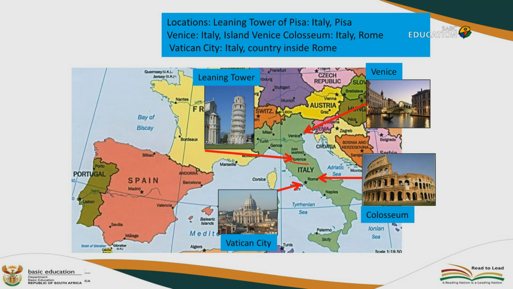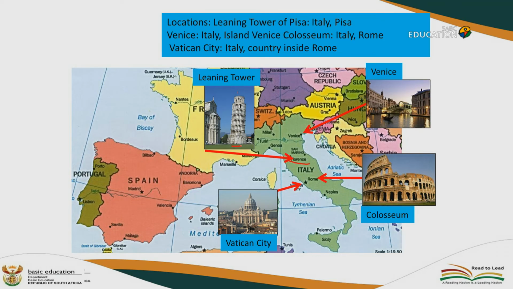Nowhere else in the world will you see a building that is leaning. It seems like it wants to fall. So the leaning part of it is what made it unique to the world. According to some books, the foundation made it lean like this, but it has stood for many years without falling.